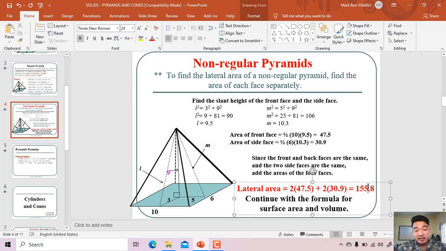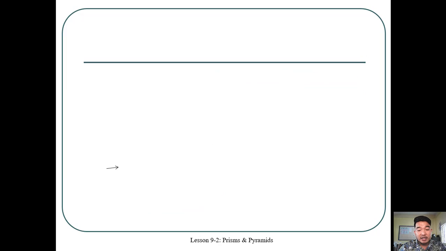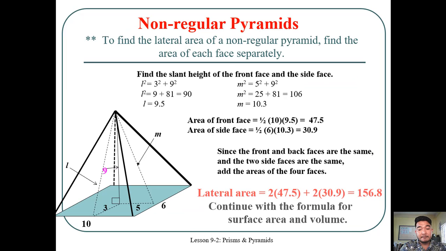So 156.8 is the lateral area of our non-regular pyramid. And then I want you to continue with the formula for surface area and volume. Please comment below your answer for the surface area and volume of this non-regular pyramid.